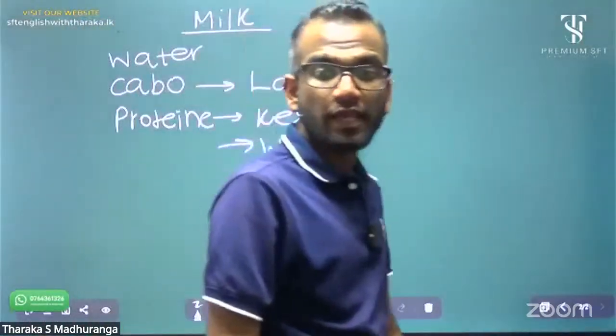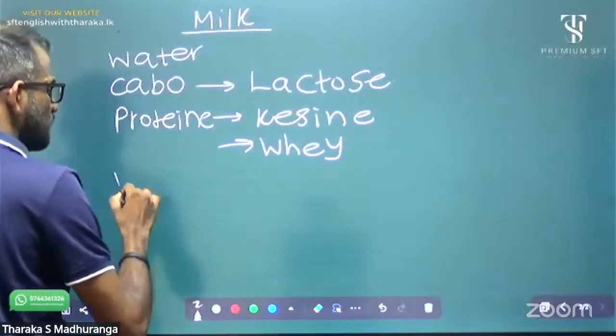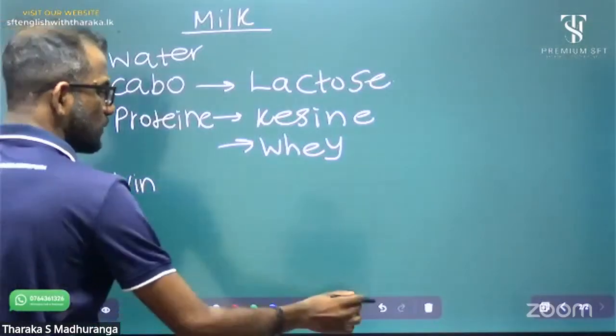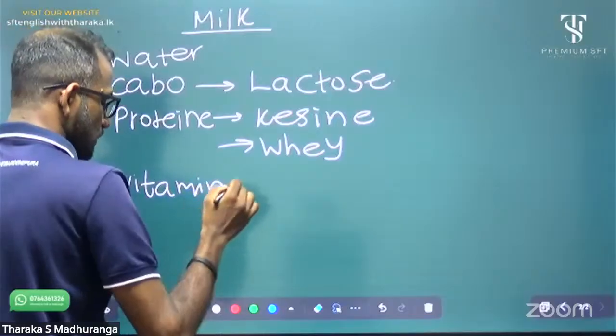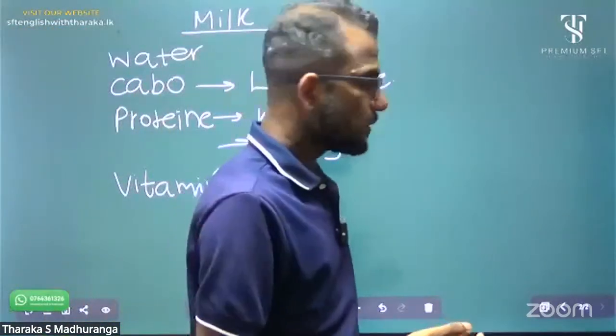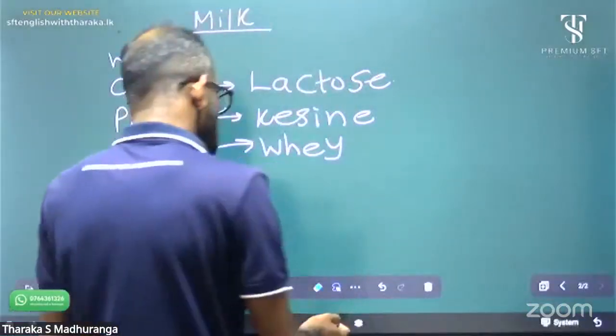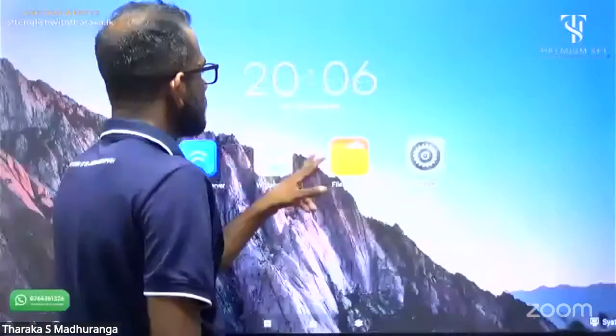Whey protein and casein are the main proteins, right? Not only that, it contains vitamins, essential amino acids, and some minerals, right? Milk is a very good nutrition media, right?